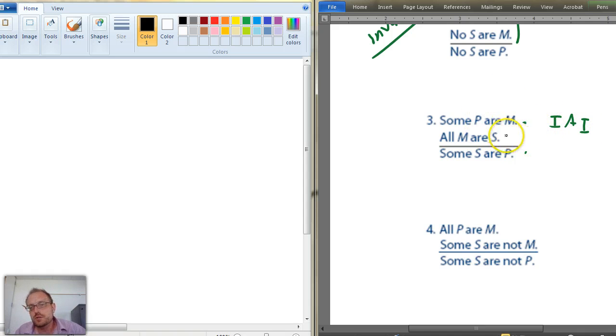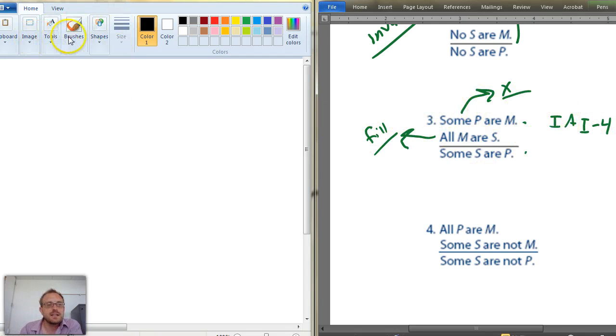Always start with the universal premise, and the reason is because with the universal premise you're going to use the fill, which will help you determine where you're supposed to put your X, because whenever you have a particular premise, you have to use an X, and wherever you have a universal premise, you use the fill. Now, this is an IAI, and of course, the middle term here is a number 4. So this is an IAI 4.